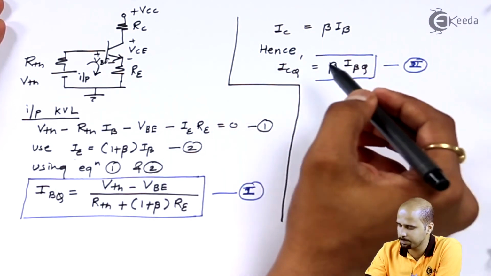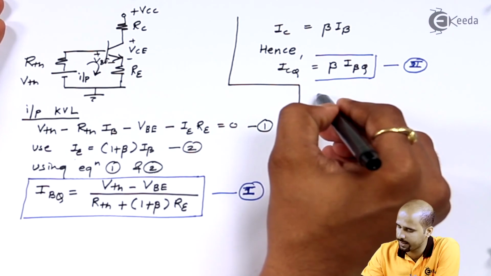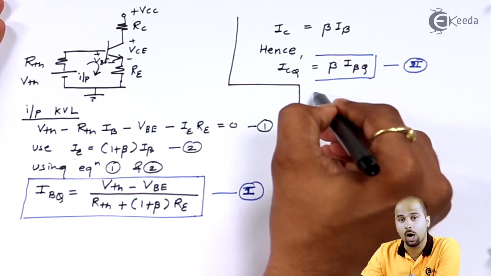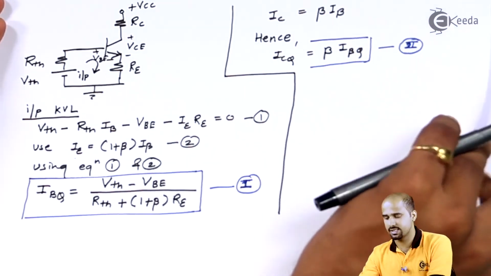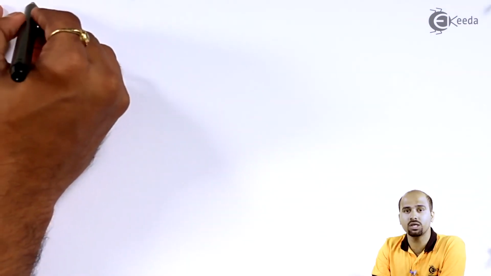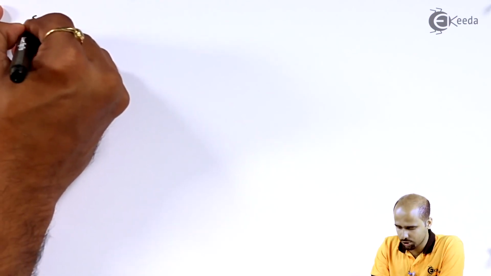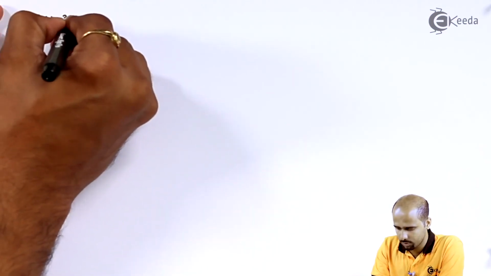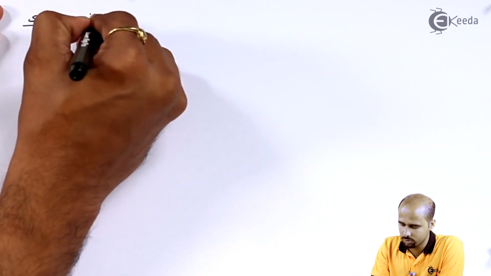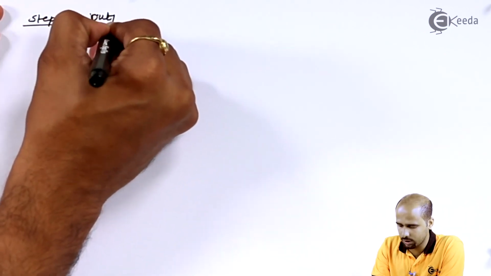The second parameter of the Q point I will find by applying output KVL. Second step was input KVL, so step number 3 is output KVL.